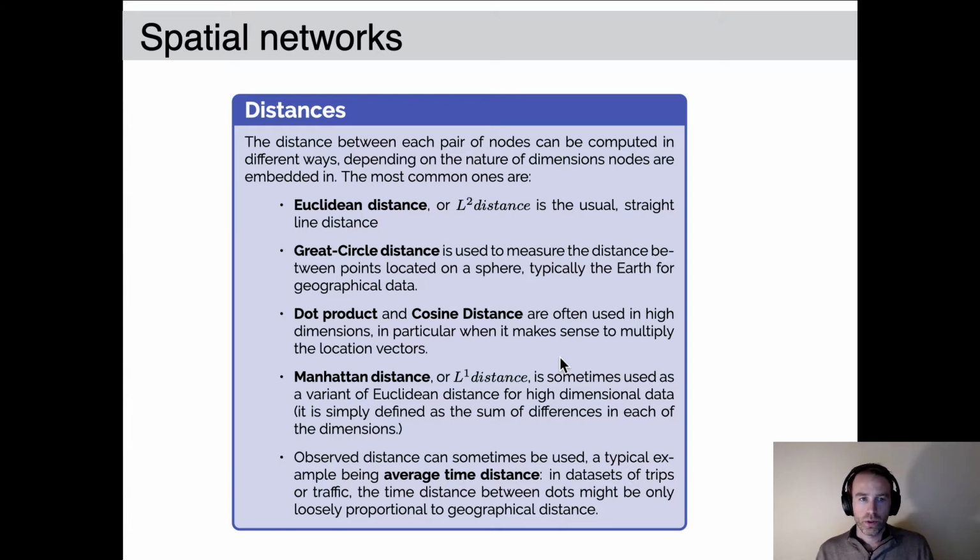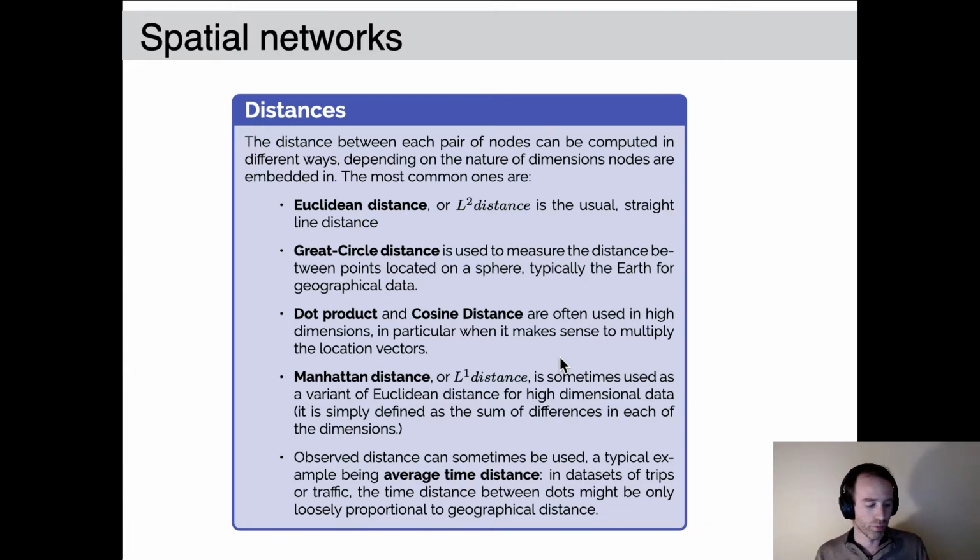So, as I already introduced this concept, the notion of distance is really essential in the idea of studying spatial networks, because it's really what you will care about. So, each node has a position in this d-dimensional space, but between each pair of nodes there is a single value of distance.